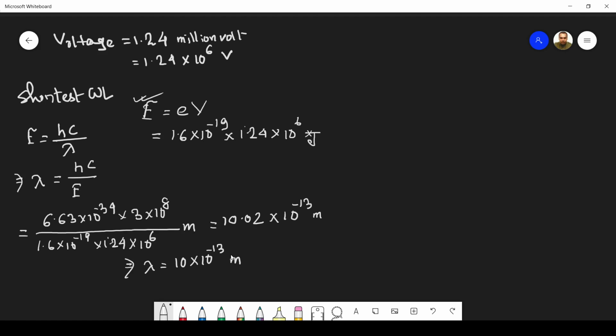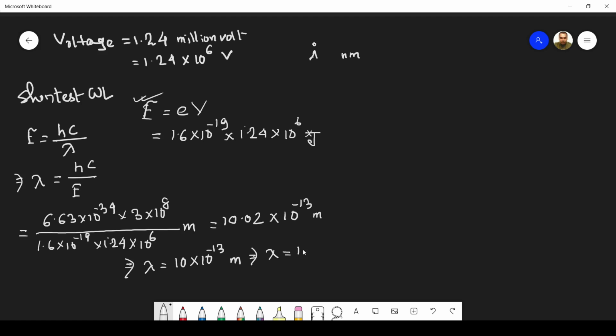In place of 10.02 we can simply write 10. Wavelength is generally expressed in two units: one is angstrom and the other is nanometer.